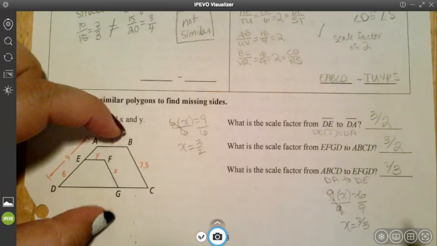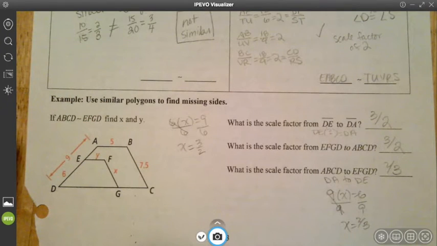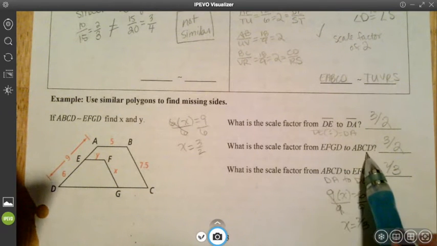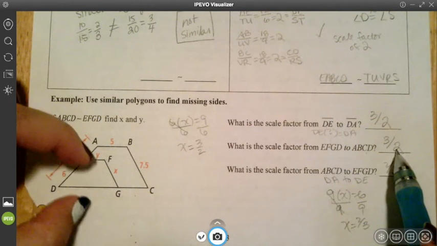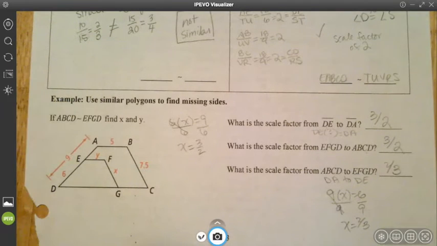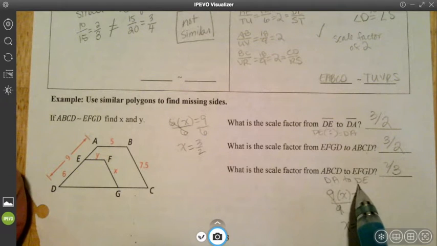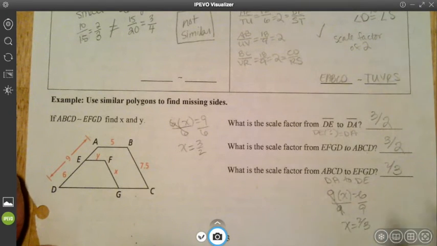From ABCD, it gets smaller to EFGD, right? From EFGD to ABCD, it should be getting bigger, and it does get bigger. You could have chosen any 2 sides from those quadrilaterals. I just chose the ones that we had already used.